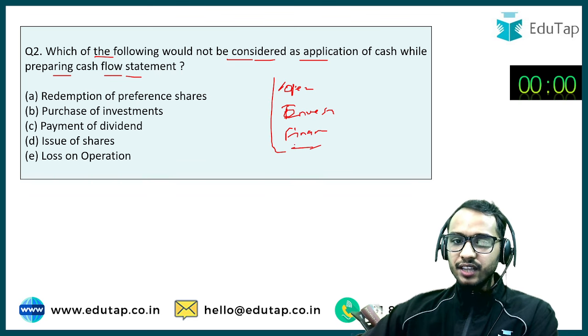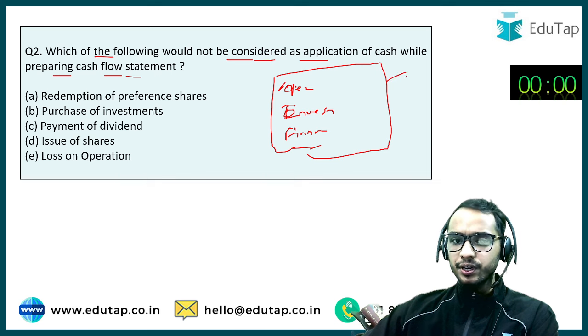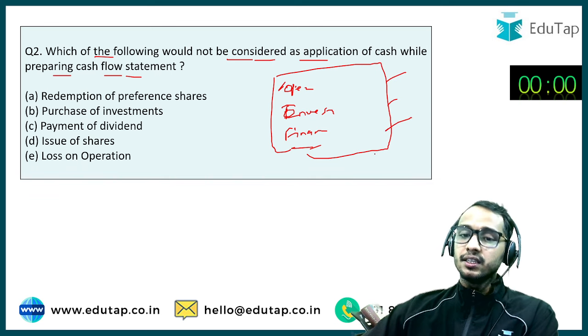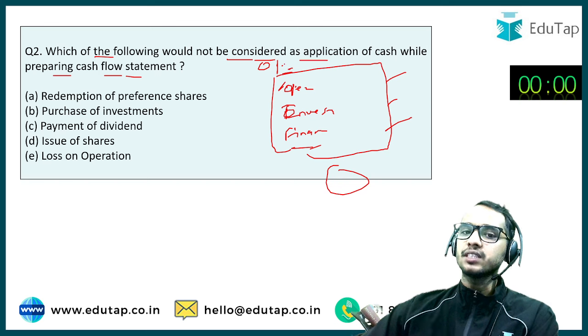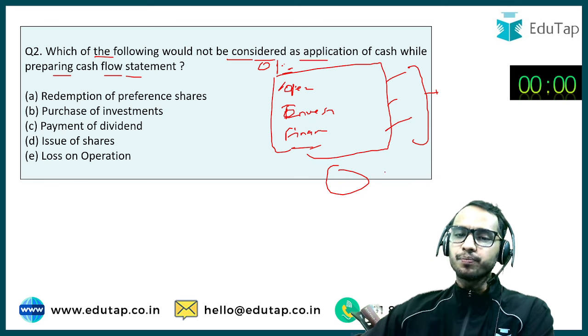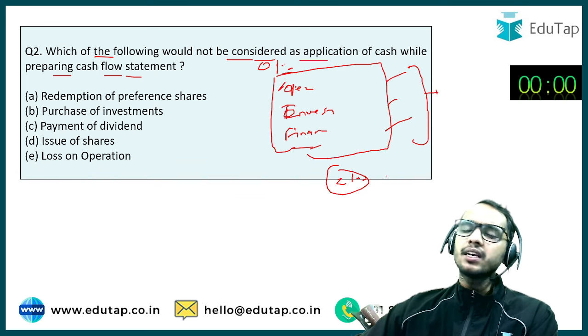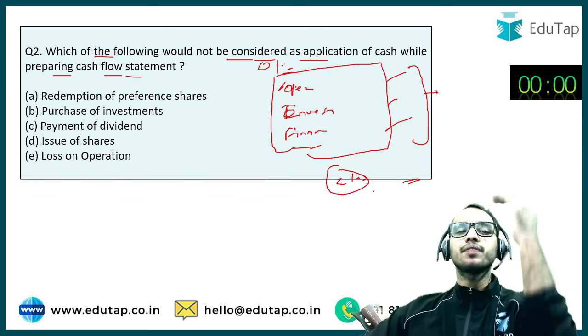So in a financial year, you find out the cash from all these three activities, that is operating, investing and financing. Then you add it, and you have some opening balance of cash initially. Then you have generated, or used, cash from all these three activities. Then you will find out the closing cash or cash equivalent at the end of the year, right? So this will be the flow of the cash flow statement.